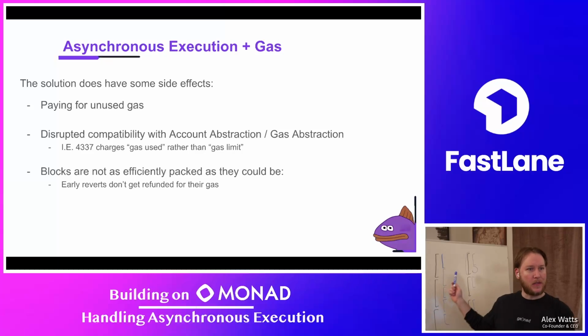But the gas used is not the cost. And so we had this scenario where, a day before testnet, all of a sudden, all of these 4337 bundlers were just hemorrhaging money. It's because they were only getting reimbursed for the gas used, but they were having to pay the full amount. And that was a problem.